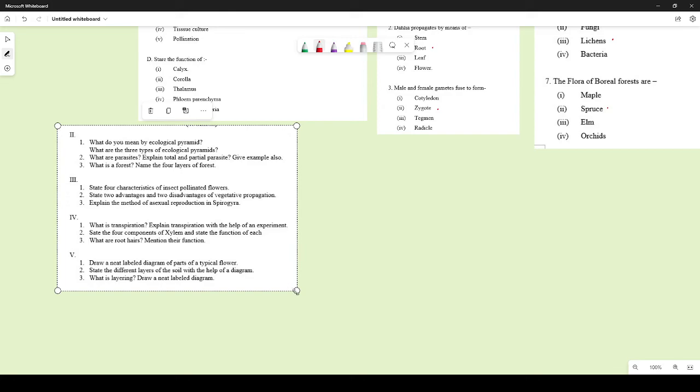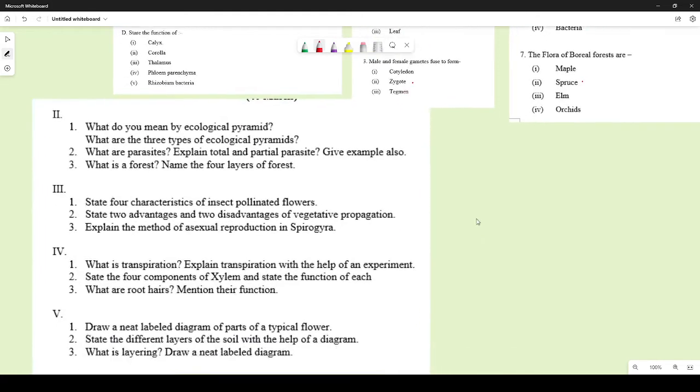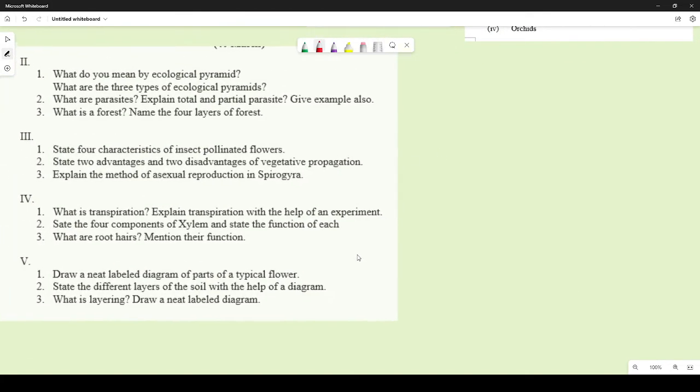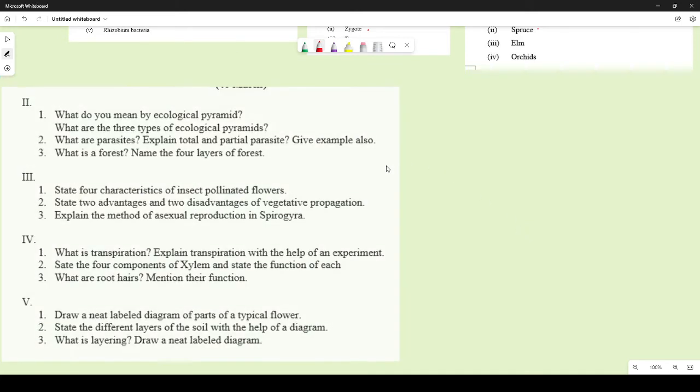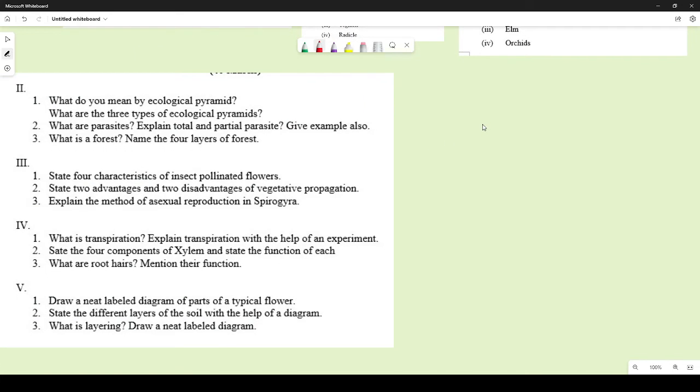So I'll just expand it a bit so that you can see it clearly. Now, what do you mean by ecological pyramid? When we talk about an ecological pyramid, the first term that comes to our mind is the graphical representation, right?